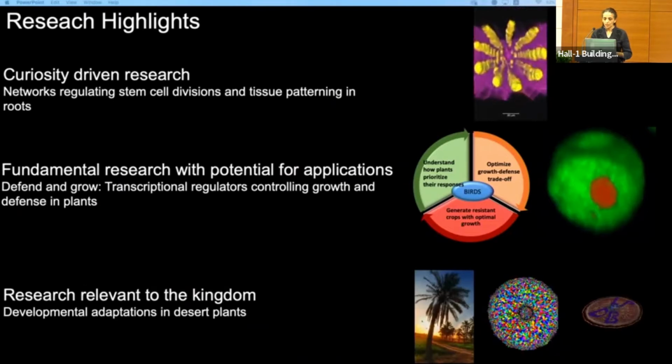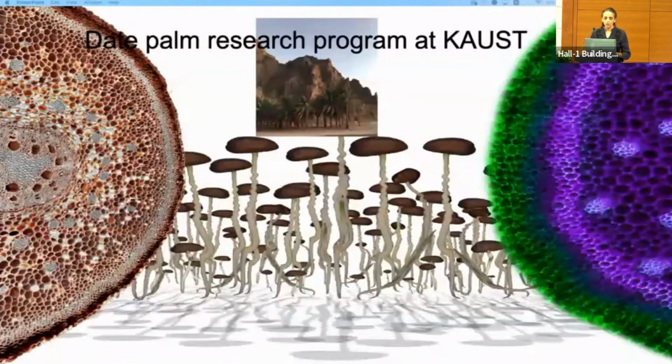But for this session, I would like to focus on the date palm program that we have established at KAUST. Just by understanding some very basic processes of date palm growth, we could really understand how these plants are able to cope with environmental conditions, which are drought, salinity, and lack of water.